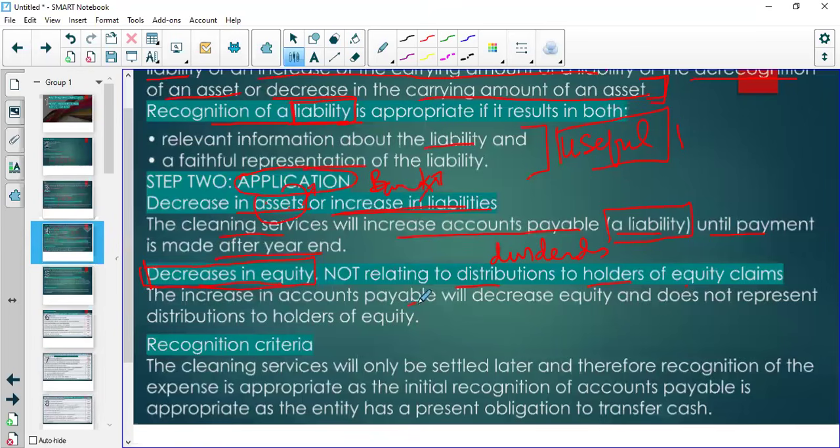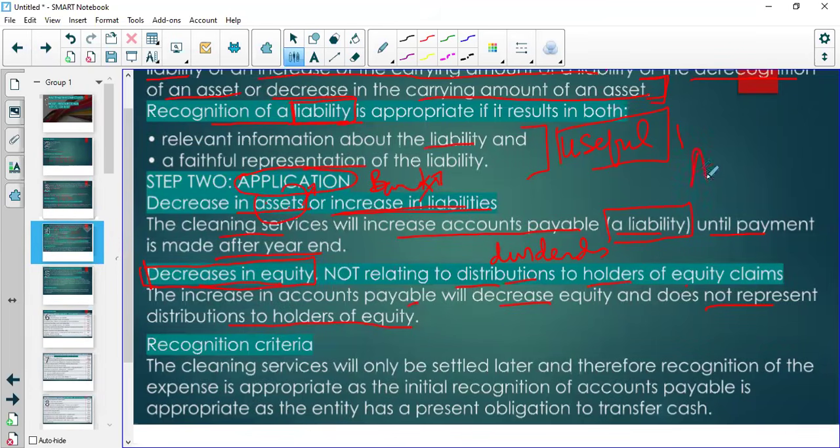So the increase in accounts payable will decrease equity, and it satisfies the criteria that it should not be a distribution. This does not represent distributions to holders of equity.